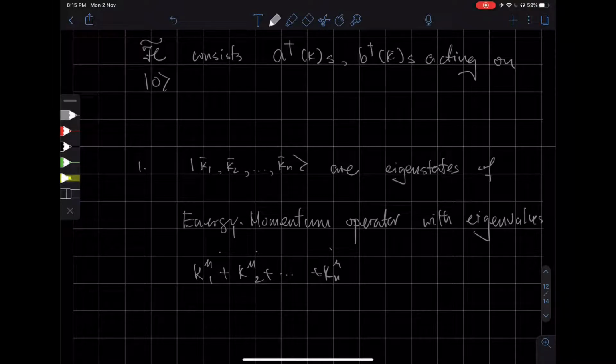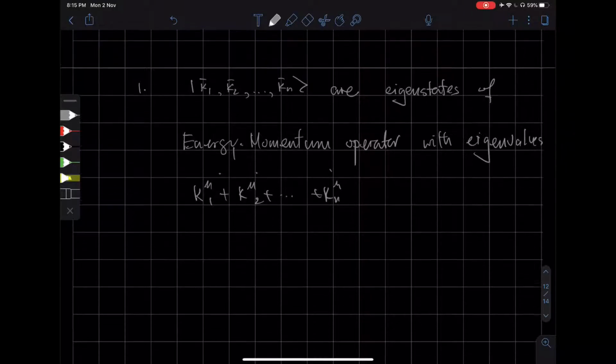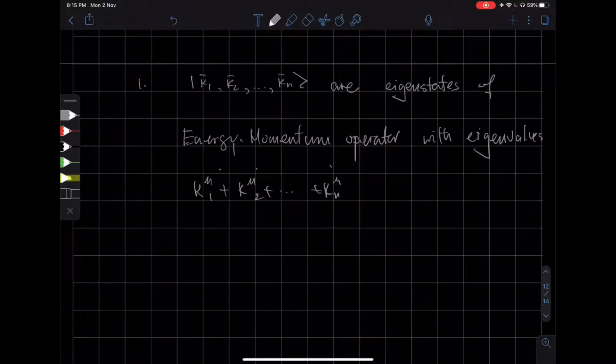So these are four-momentum eigenstates in the momentum space. If you take the Fourier transform, what would they give rise to in position space? In position space, these states are represented by a wave function, which we are labeling in terms of the three-momentum set.